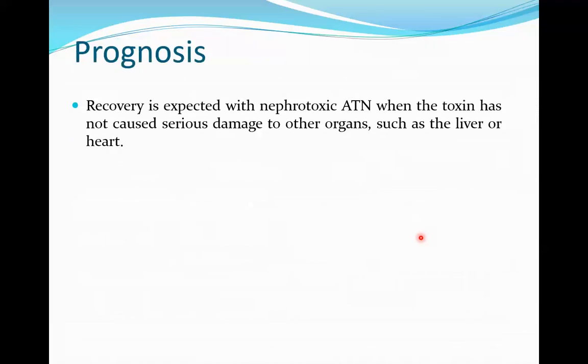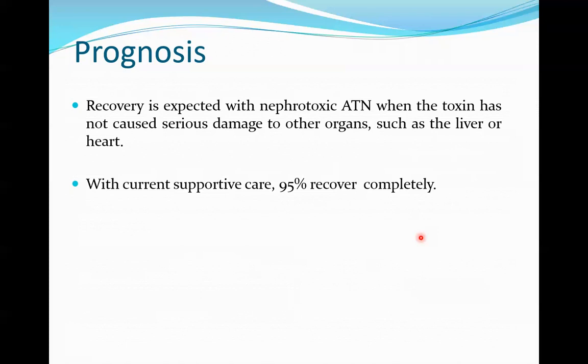Prognosis: recovery is expected with nephrotoxic ATN when the toxins do not cause serious damage to other organs like liver and heart. If it is a nephrotoxin and it has only damaged the kidney, not affecting the heart and liver, then with supportive care 95% recover completely.